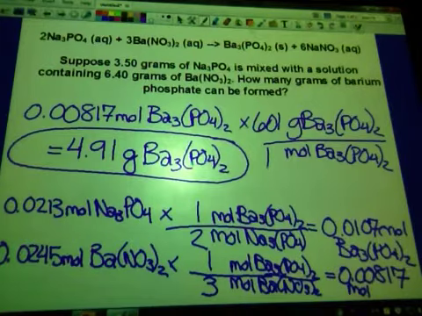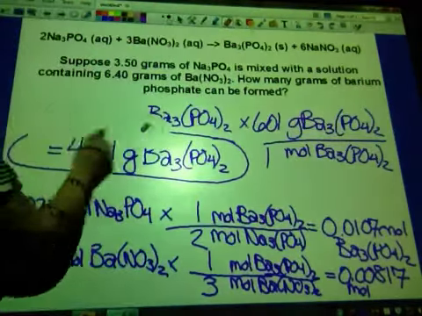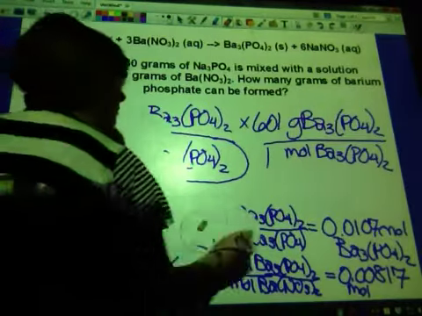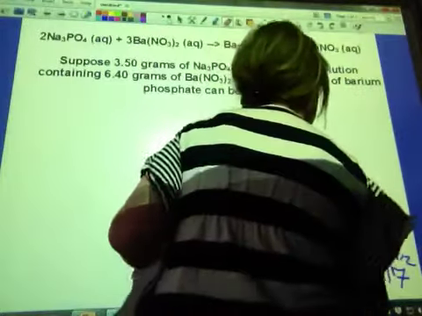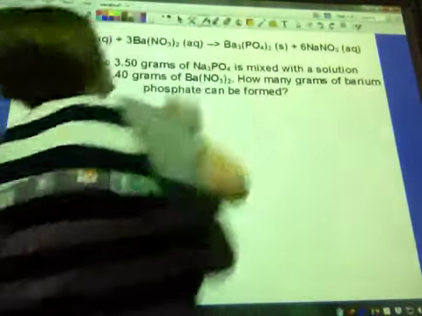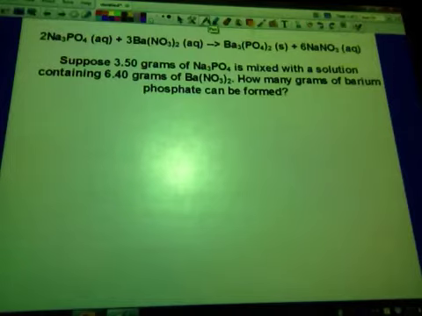Okay, so in the notes, we also did an example of the excess reactant, which is what I would like to do as well. So let's erase all of this. Okay, let's say that now the question that I ask you is how much sodium phosphate is going to be used in the reaction, and then how much sodium phosphate will be in excess.